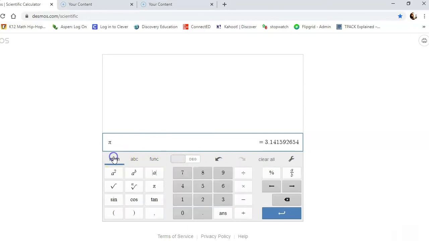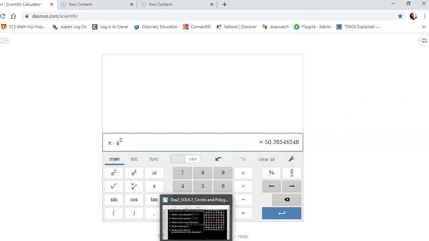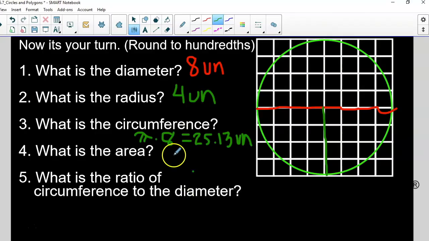Pi, go back to my main, times 4 squared. And there you see is 50.265. We're going to round it up to 50.27. So 50.27 is what you should have had for the area. And our units, it's an area, so it's square units. So we're going to say units to the second power.